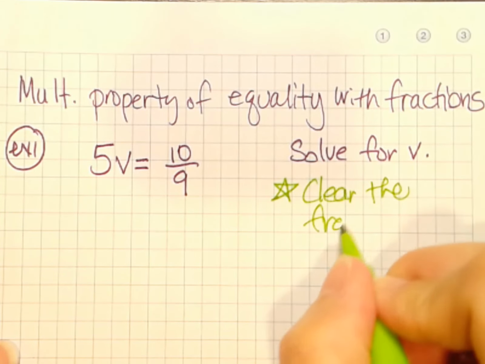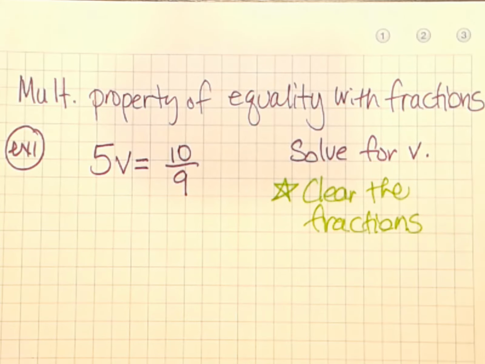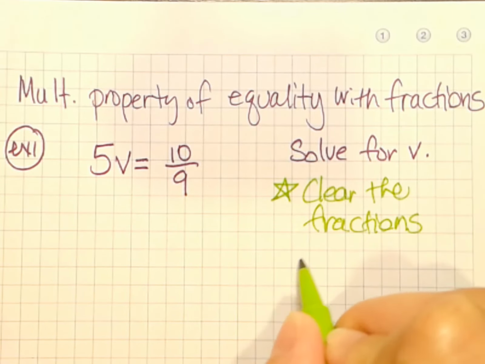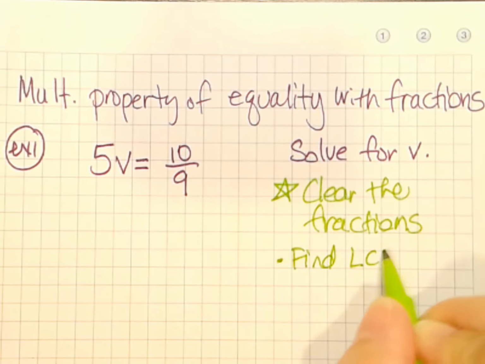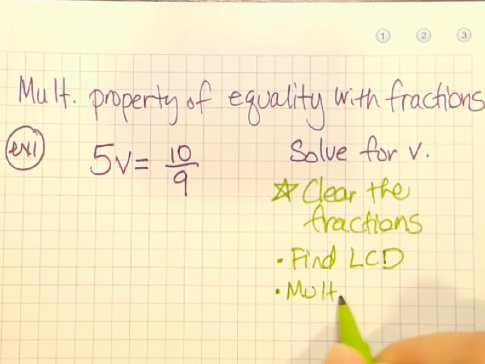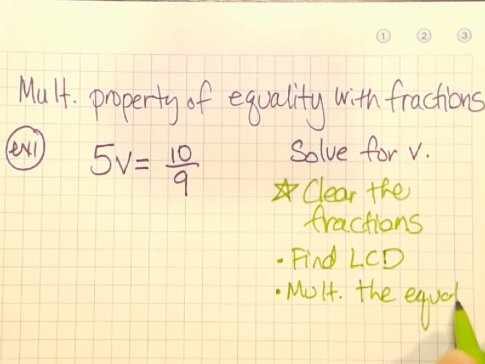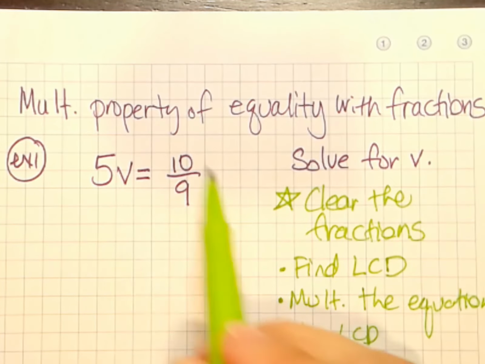Clear the fractions. Now, what I mean by that is you're going to find the common denominator, and then you're going to multiply the equation by that common denominator.